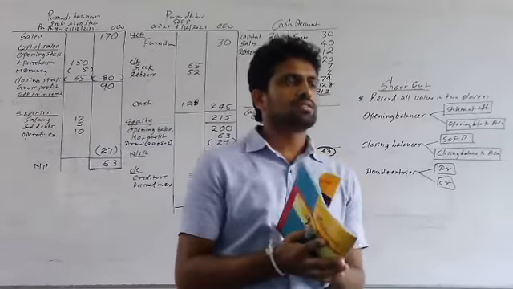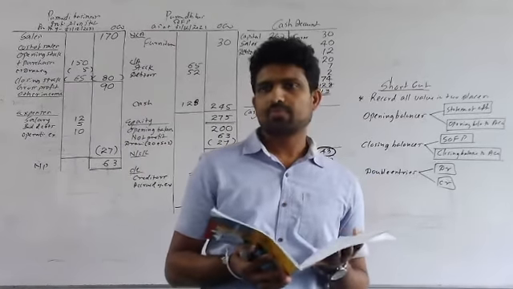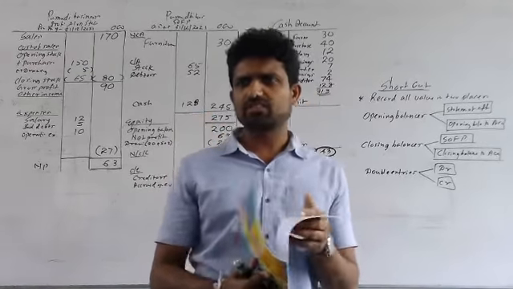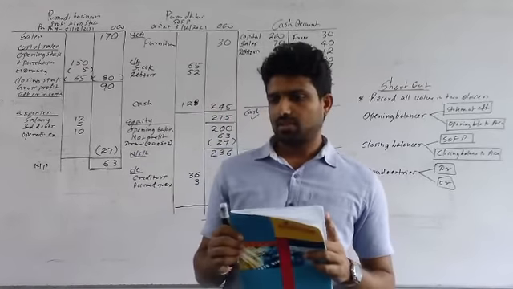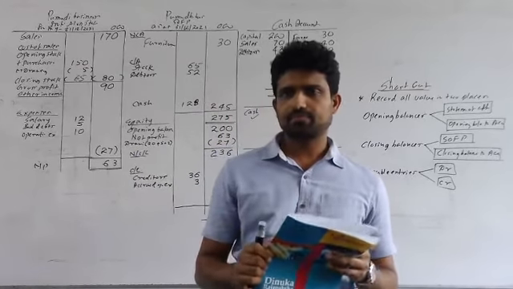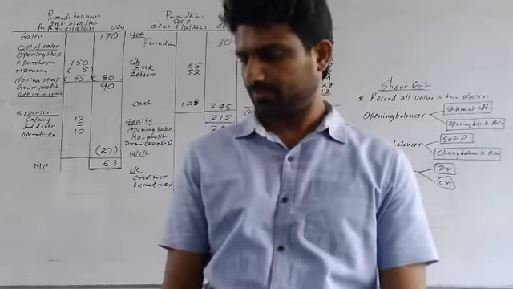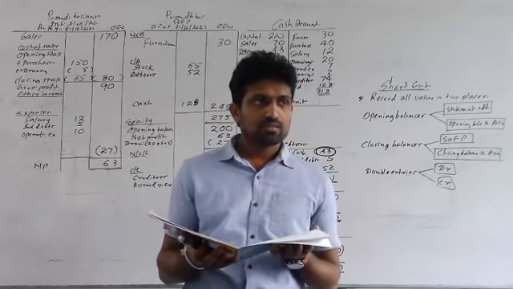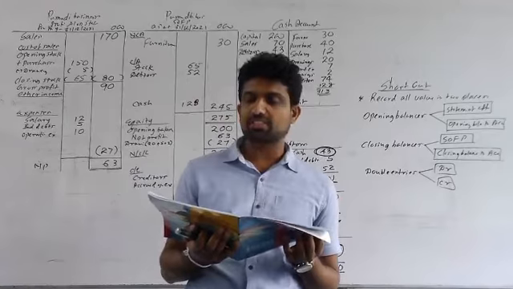Let's do the next one, the second question. Easy, okay, understood? Now read the second question please. Question number 2. Following balances were extracted from Rohini business.